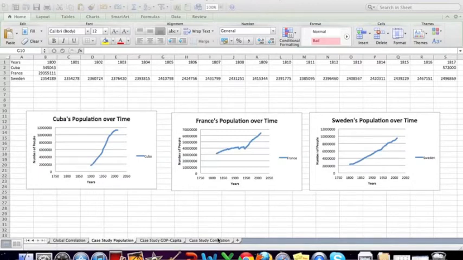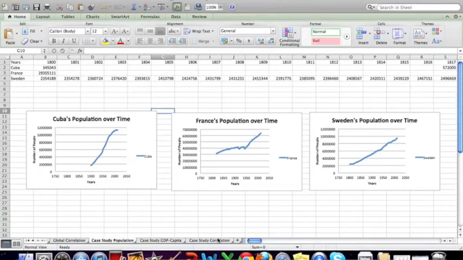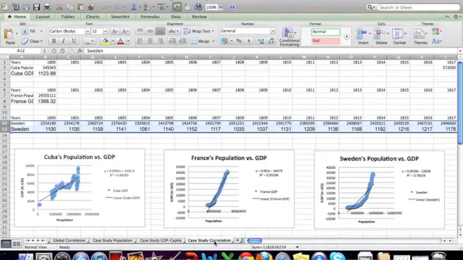So, a good way to help make the decision would be to look at your correlation graphs of each case study. Maybe one of the case studies goes against your thesis or goes against the global correlation. But all of mine basically mimic the global correlation in that they're positive and pretty strong.